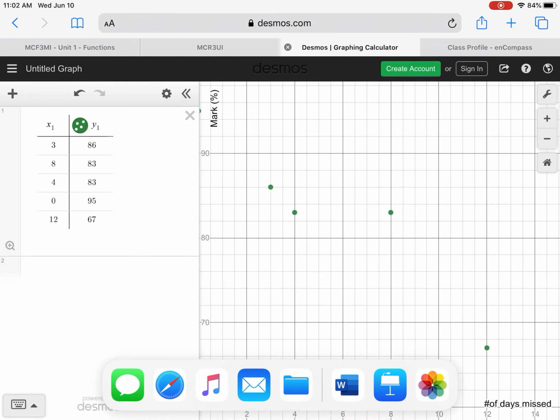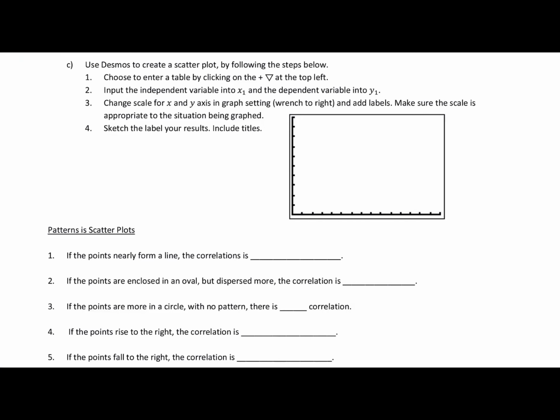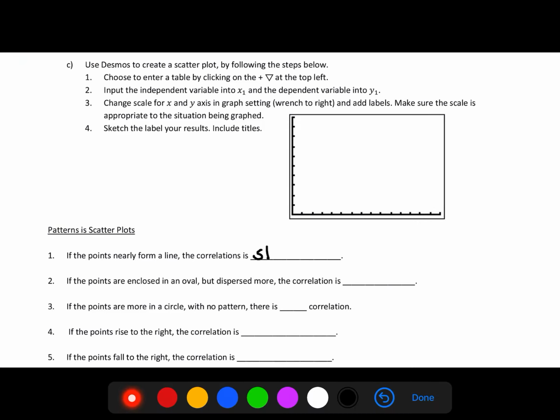Okay, and again, we have our graph, we have our labels, and we can see the trend of the data: as number of days missed increases, our mark is decreasing. So just to finish off here, we know that if our points nearly form a line, there is a strong correlation.